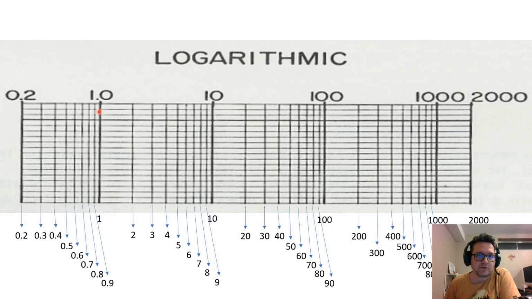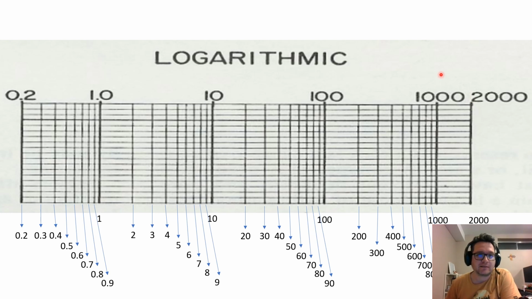And when we reach 1, the next ones will be 2, 3, 4, 5 till 10. And then from 10, 20, 30, 40, 50, 60, up to 200, and then 200, 300, 400 to 1000, and finally the last one is 2000. I've seen some of you guys struggling with this.